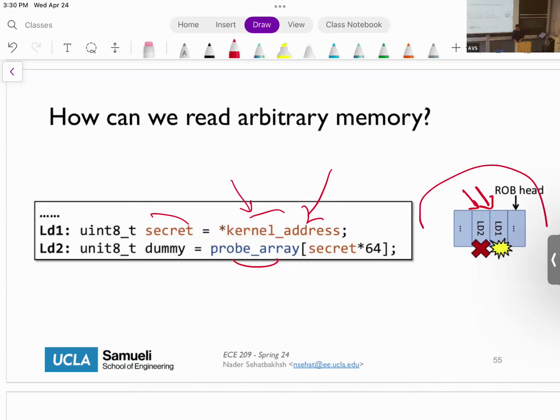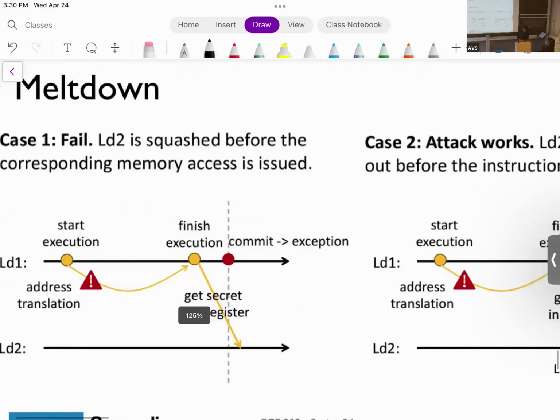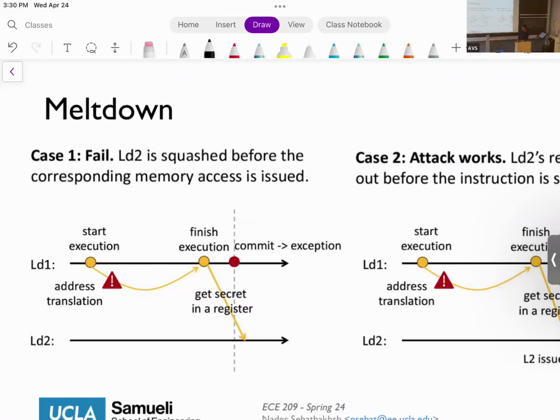So now let's think about an out of order system where this particular instruction is not the head of the ROB. In other words, there are a bunch of instructions before this, okay? Essentially this will happen in one of two possibilities, okay?